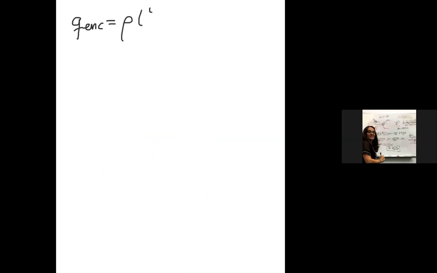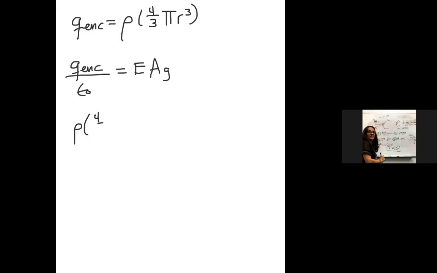So we had this 4/3 pi r cubed. Then Q enclosed over epsilon naught is equal to EA of my Gaussian. Then I would write it as rho times 4/3 pi r cubed over epsilon naught is equal to E times 4 pi r squared.